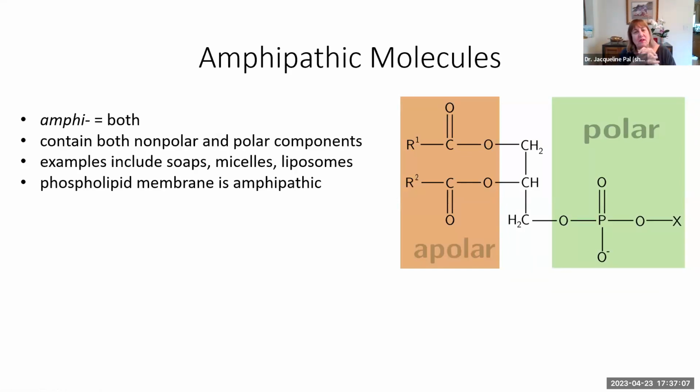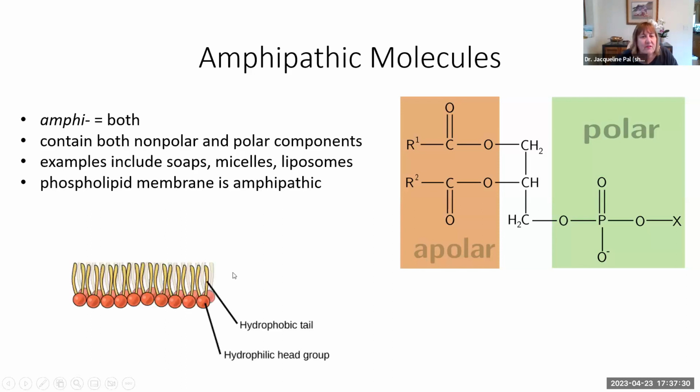So that brings us to another term, amphipathic. An amphipathic molecule is one that has both an area that is polar and an area that is not polar. This is what soaps are that you use at home, and we will learn this semester we have things called micelles and liposomes, and also our phospholipid membrane is amphipathic.